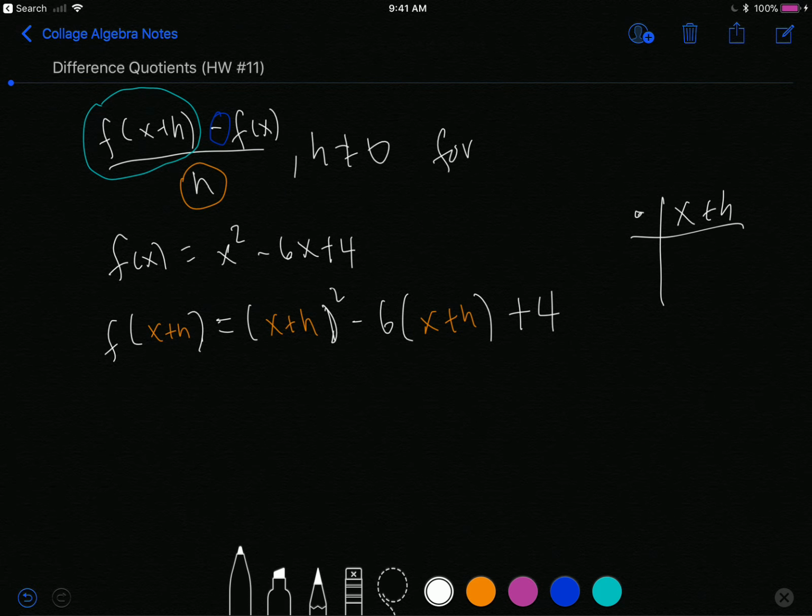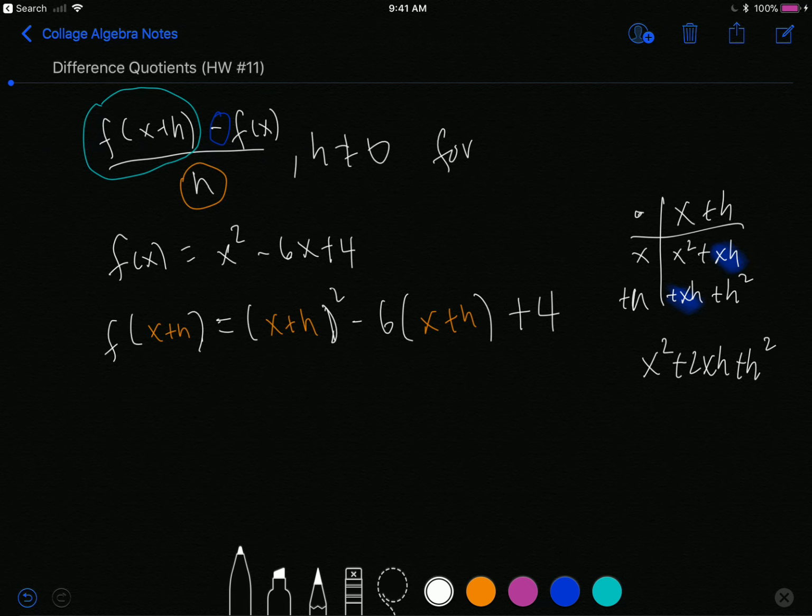x plus h times x plus h. That gives me x squared plus xh plus xh plus h squared when you multiply out the terms. Of course, the two middle terms are like terms, and when you add those together, you get x squared plus 2xh plus h squared.